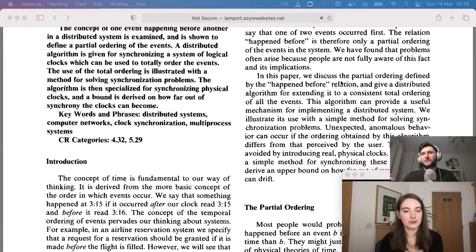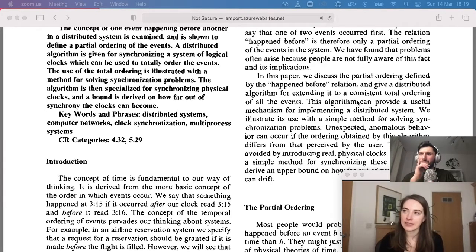He starts talking about time, and then defines how we understand time as a series of events that happen. Then we have this happened-before relationship, where one event can happen before another. He kind of starts this whole paper just by looking at these two basic concepts, which I think is mind-blowing.